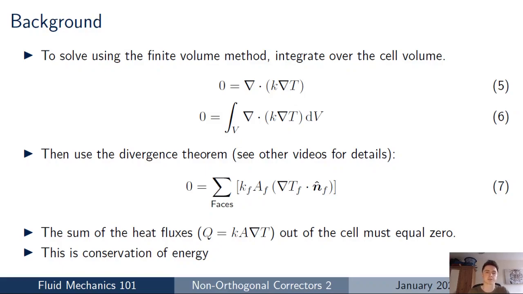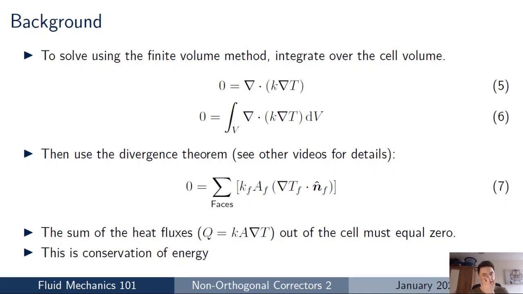The next stage in the process is to use the divergence theorem, or Gauss's theorem, to change that volume integral firstly into a surface integral and then into a summation over faces. I'm not going to go through the detailed mathematics of that because I've been through it in several of my previous videos and also in my fundamentals courses, so feel free to look there.